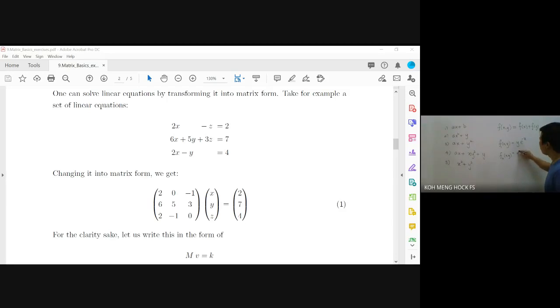Let's say you have e minus x plus e minus y, right? So both have exponential terms, right? But this one is non-linear, this is linear. Why? Because I can write this as fx, and this is fy.